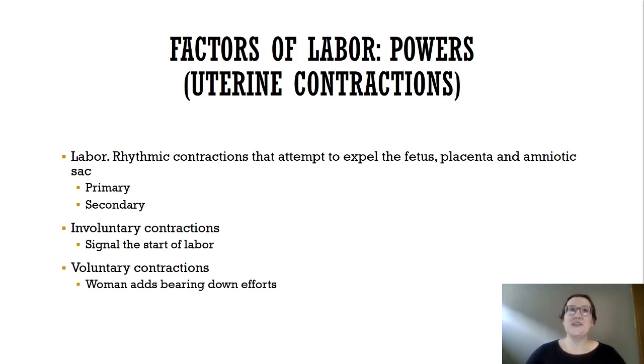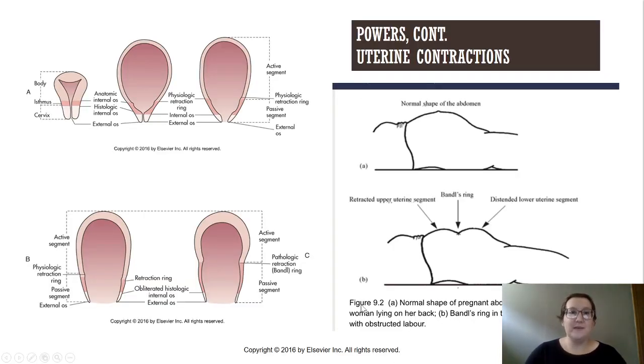The contraction actually starts at the top of the uterus, there at that fundus, super muscular, and it's going to push that contraction down the uterus through that passive lower segment. It's going to do that in a wave formation, which laboring women can relate to. And again, this lower uterus becomes longer and thinner during this process.